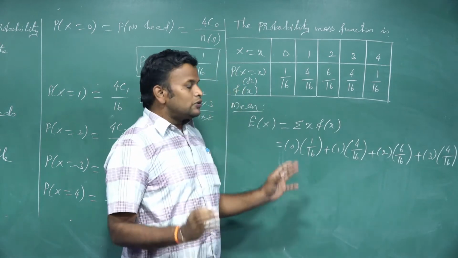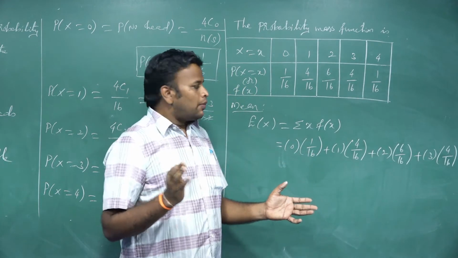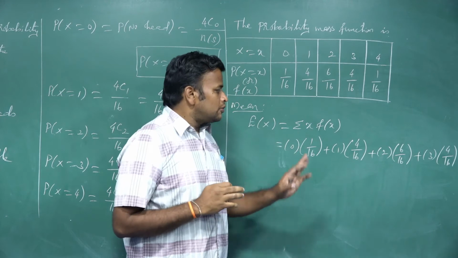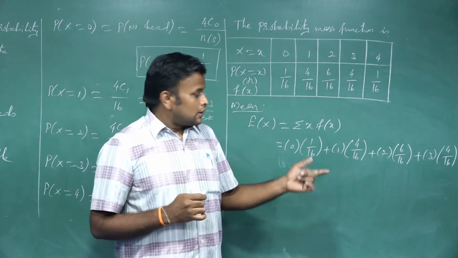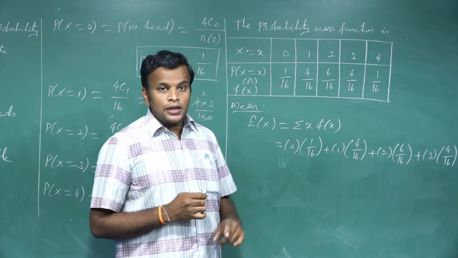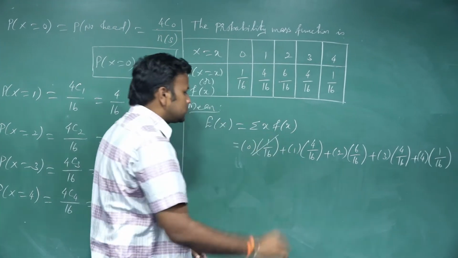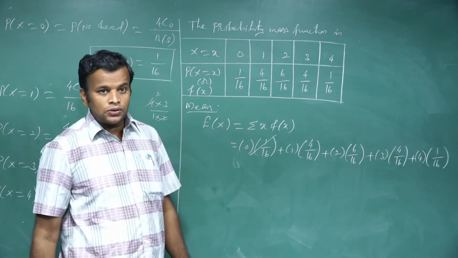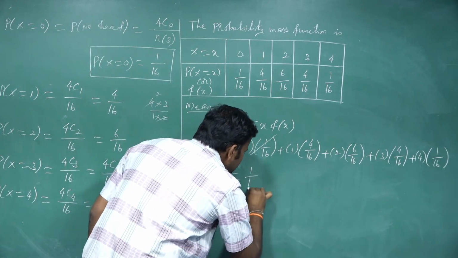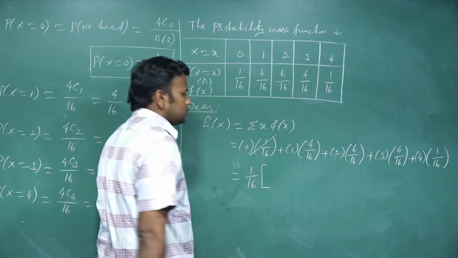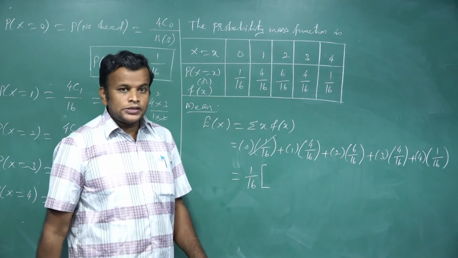The simplification is your choice; we can simplify anywhere. But for easy simplification, I will take the 16 outside, since the denominator is common in each and every term. The first term vanishes, because 0 times anything is always 0. In all the terms, I will take 1 by 16 outside.